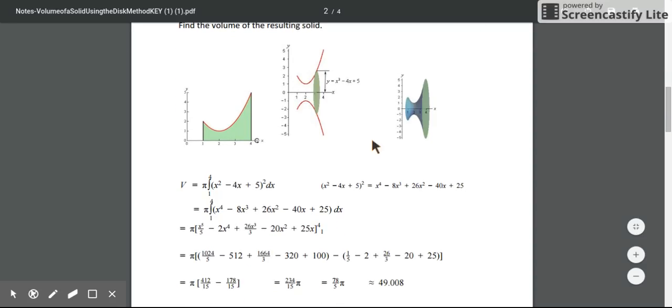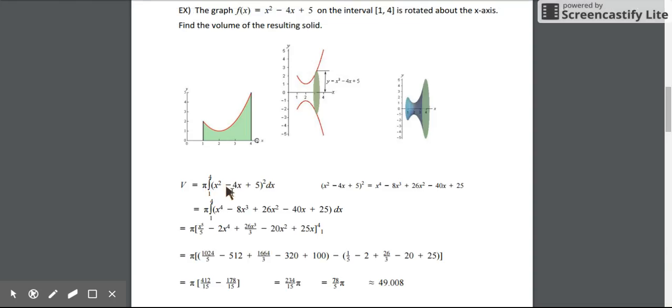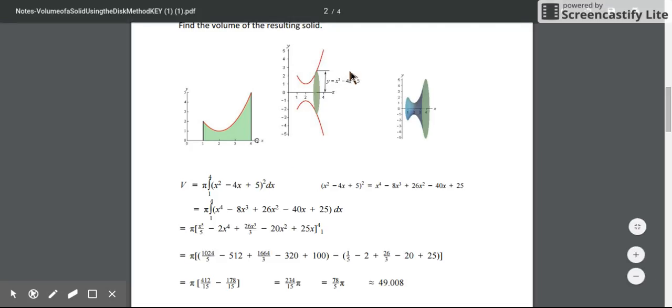In order to do that, we use that formula where we square the function, multiply it by pi after we integrate and find the area underneath the curve. So the first thing to do is recognize your function, recognize the interval.